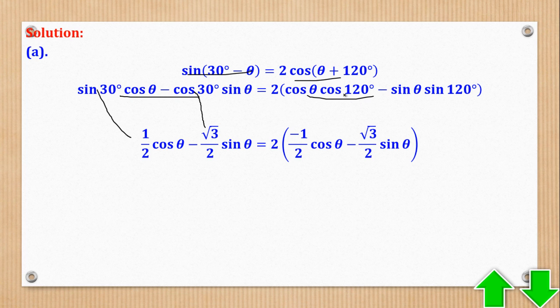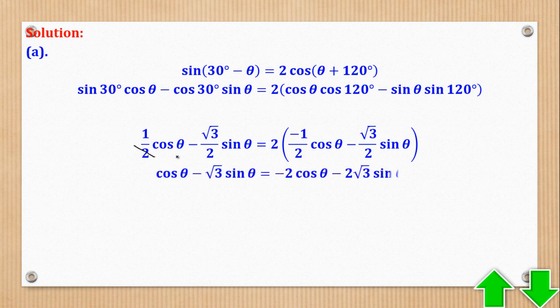Then here, cos 120 is negative a half, and sin 120 is positive root 3 over 2. Then you realize that these two can cancel throughout to remain with this, this with this, then 2 with this to give you that, 2 with this to give you this.